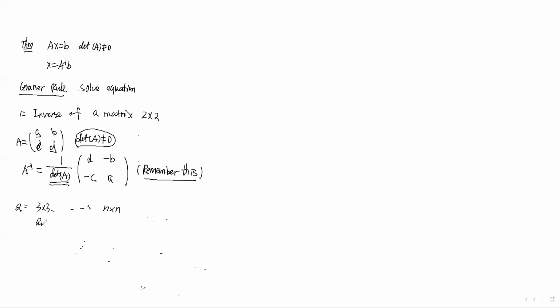So first, this is A11, A12, A13, A21, A22, A23, A31, A32, A33. So this is A. How do we find the A inverse? The method is fixed. So you write it in.